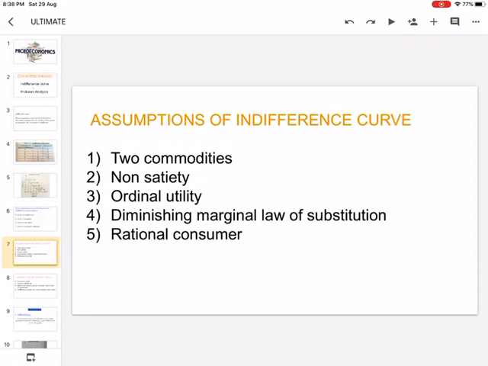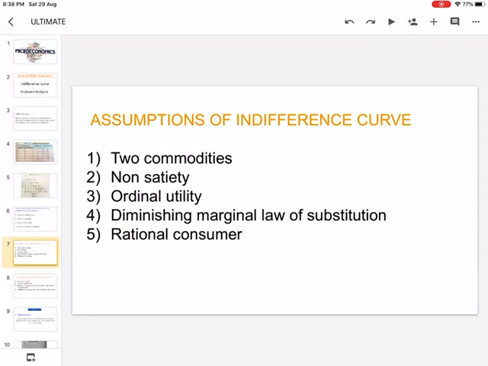Then the fourth assumption is that the diminishing marginal rate of substitution is applicable. Now, this diminishing marginal rate of substitution is an important concept. We will do some more slides on this. Let me just give you a simple idea about what it means.